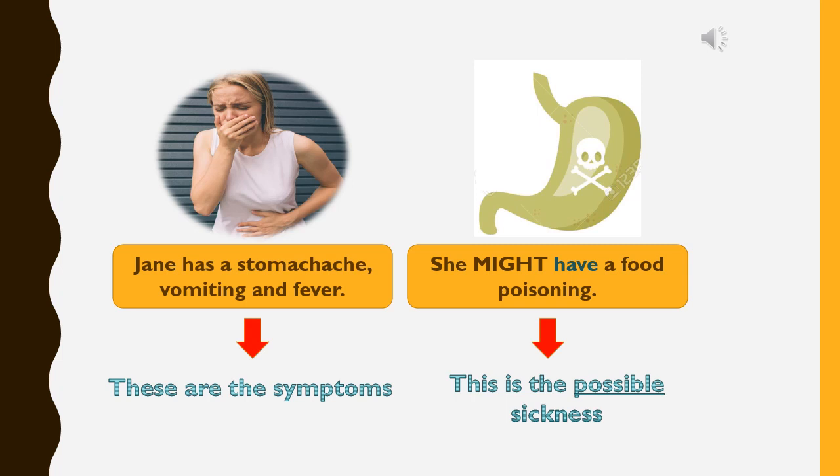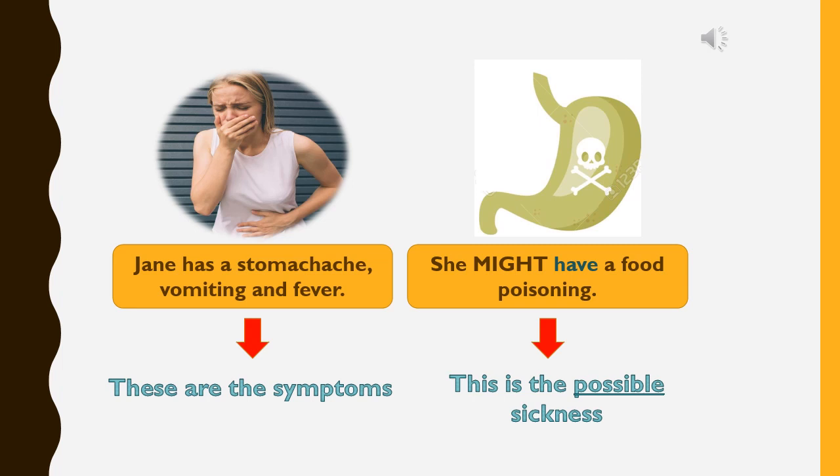Okay, in this picture we have Jane. She has a stomachache, vomiting, and fever. In this case, these are the symptoms. What is possible if she has a stomachache, vomiting, and fever? She might have food poisoning.